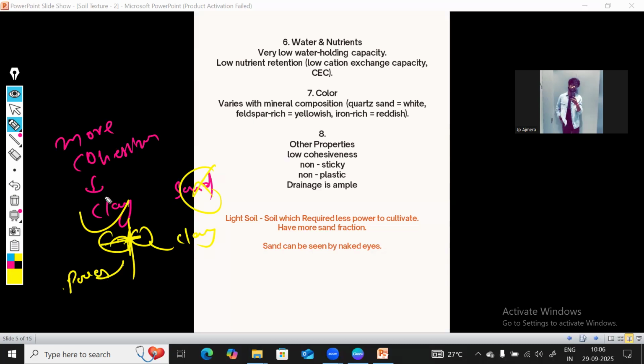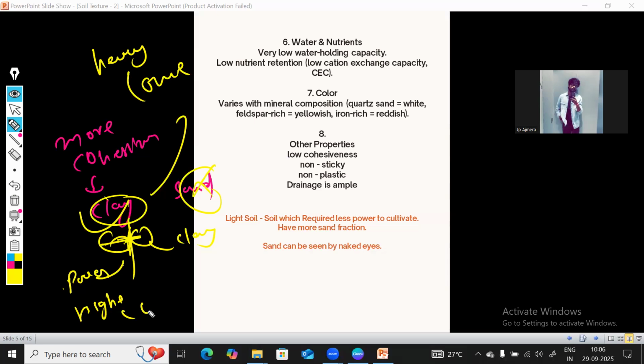So clay soil comes under heavy soil because it has high cohesion. Simple as that.